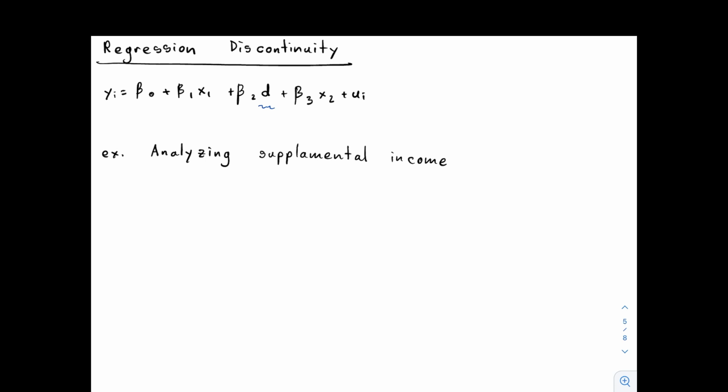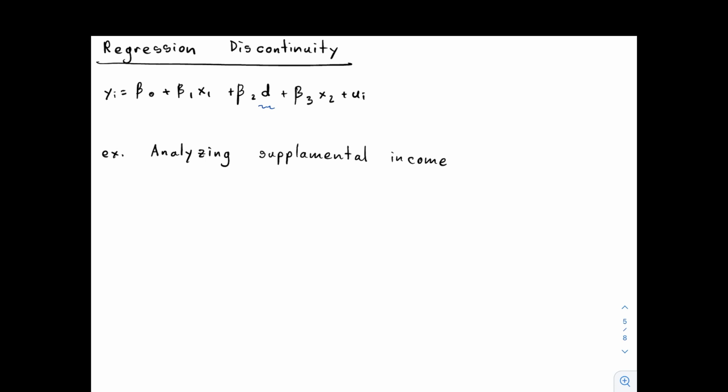And so one idea some people have put forth, and something that can be tested in such a scenario, is that it's possible that for people who are close to that particular cutoff, but just above it, so in our scenario, let's say that an individual is making $31,000 a year, just above that cutoff of $30,000 a year, and they would not qualify for that supplemental income program.